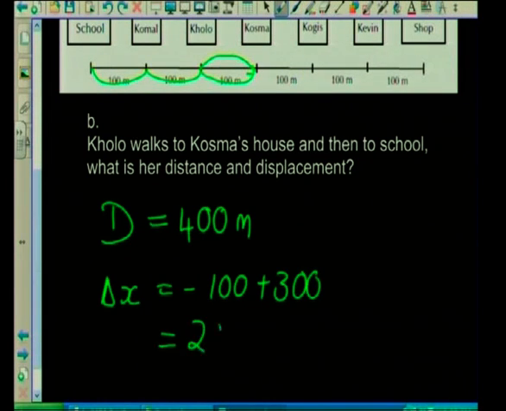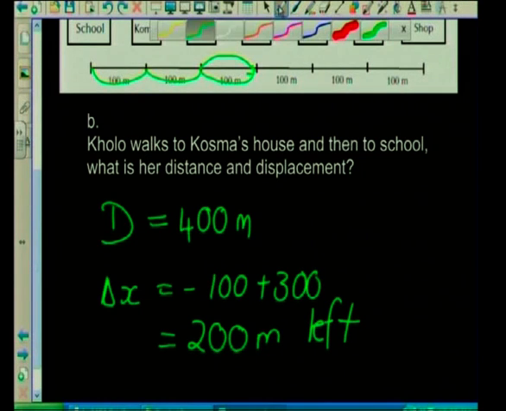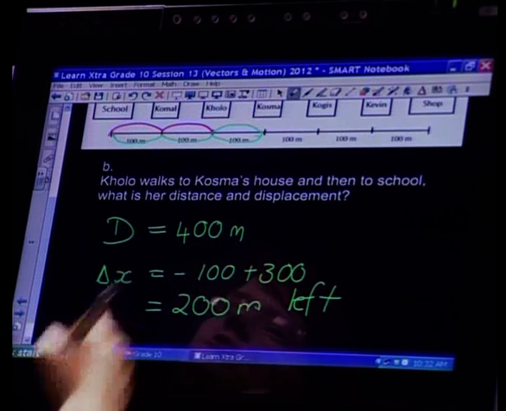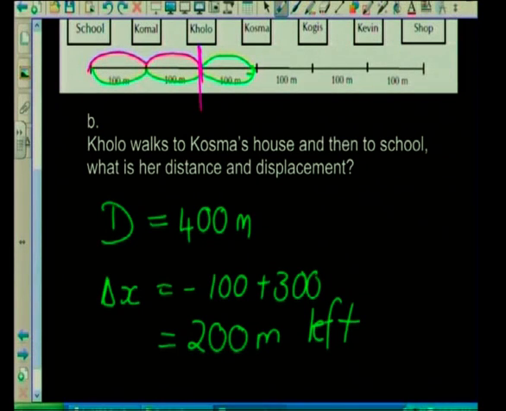So she actually has a displacement of 200 meters to the left from her home. Okay? And if we had to cancel out, if we look at it here, this is actually her displacement. She started here and has ended here. The first part cancels each other out. So for vectors, she really did nothing for the first 200 meters, which is a little irritating. But anyway, number C.